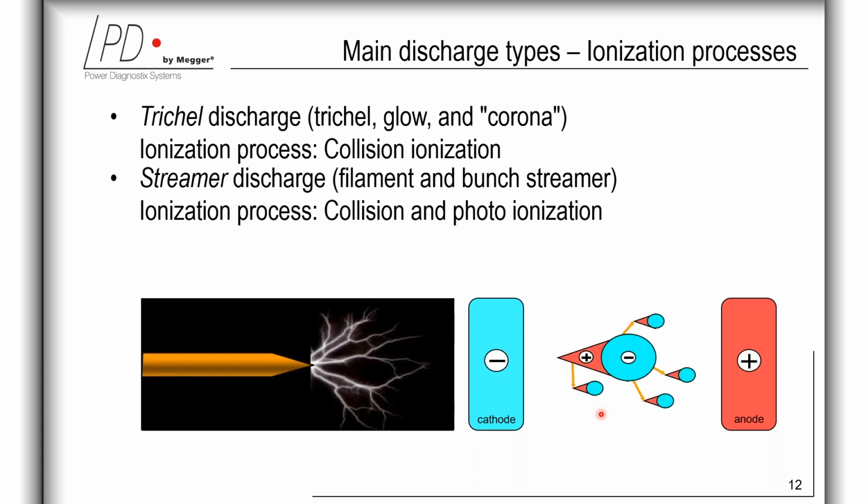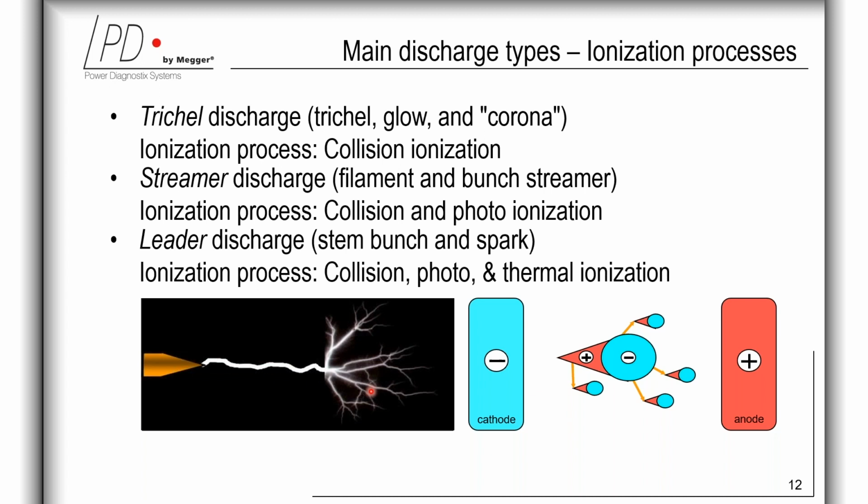And here, due to radiation, nearby gas molecules are ionized, and they are also causing additional avalanches, which then quickly form a conductive channel, which is called streamer. And here in parallel, as said, with increased recombination radiation, then the discharge changes into streamer discharge. Here, the ionization process consists of both collision and photoionization.